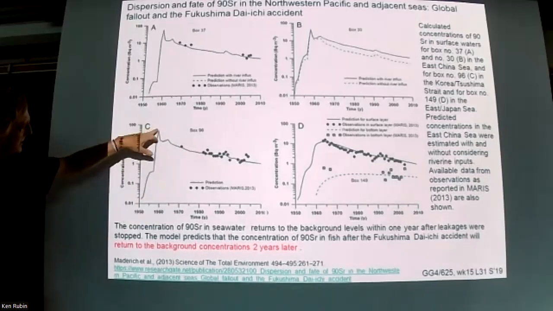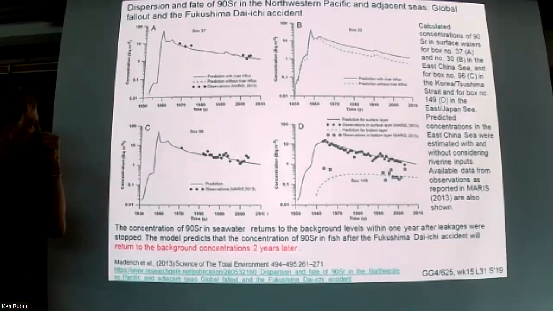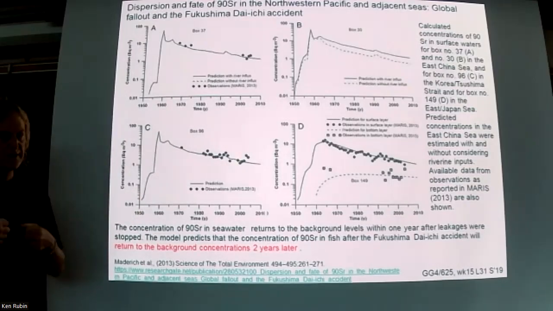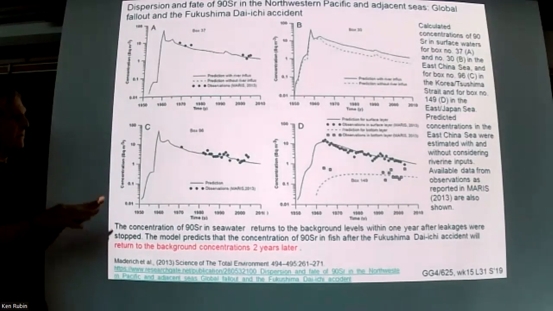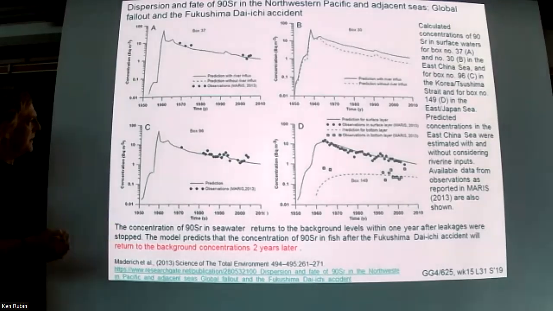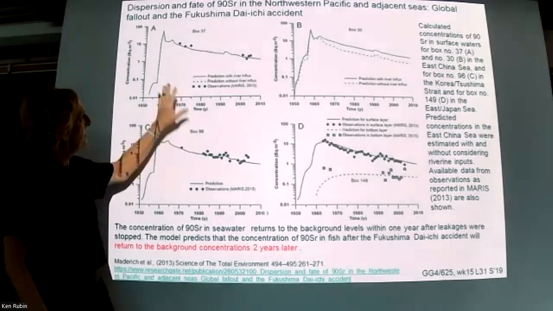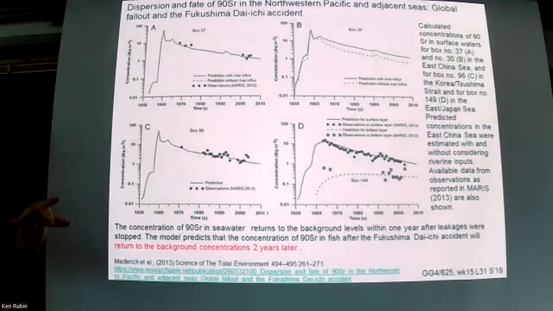For whatever reason, it's higher a little bit before 64 than after 64. I'm not exactly sure why, but anyway, this is the stuff that's washing into the bay from the land, and it's got some strontium in it. These are log scales, and these boxes just represent 3 different areas.